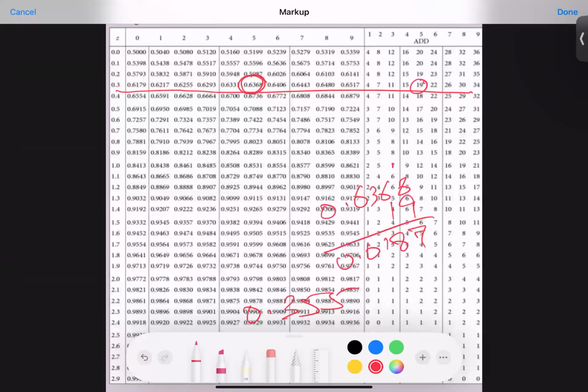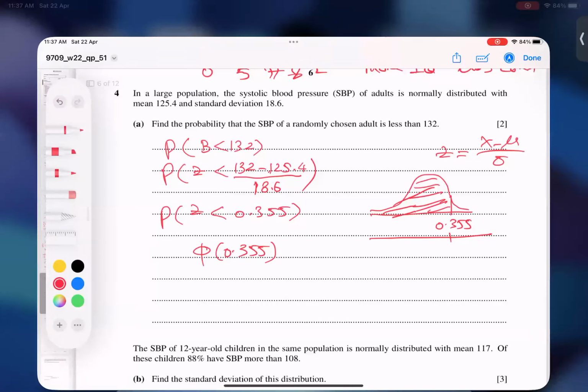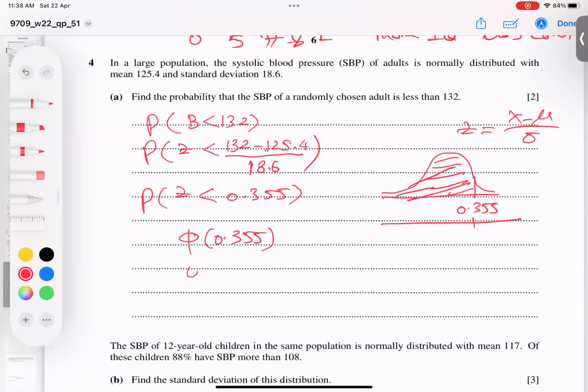So 0.6387 is our answer. So I got the probability 0.6387. I hope the point is clear. To 3 SF, it is 0.639. So Alhamdulillah, clear idea.